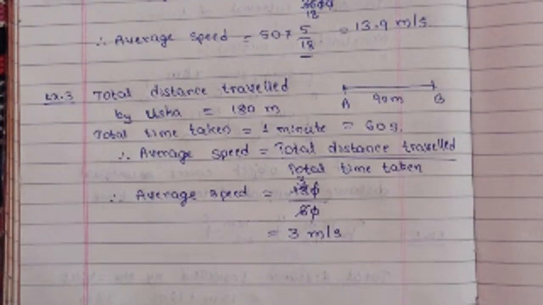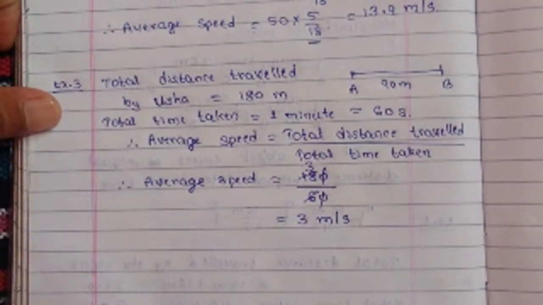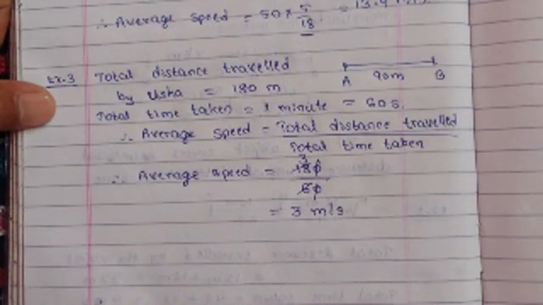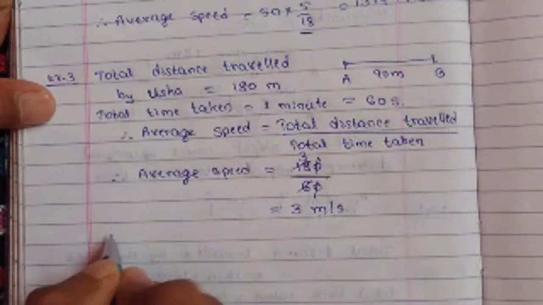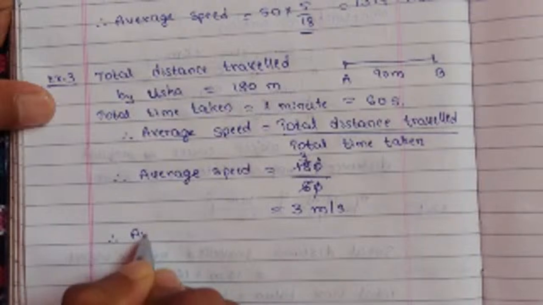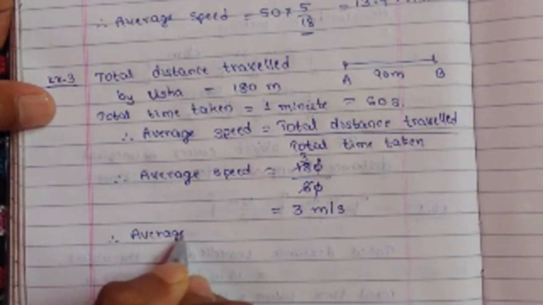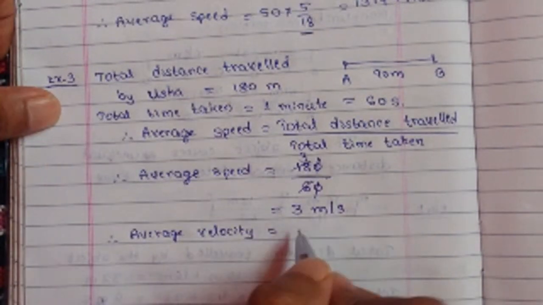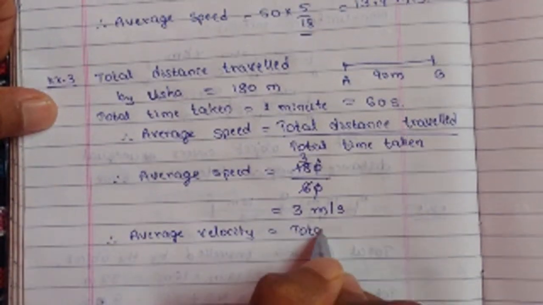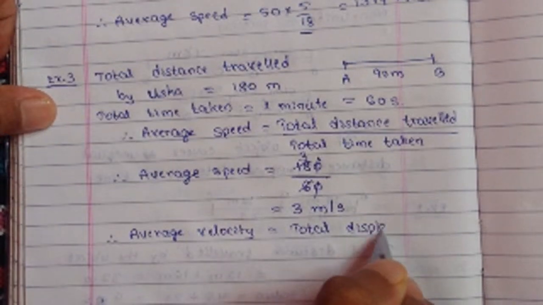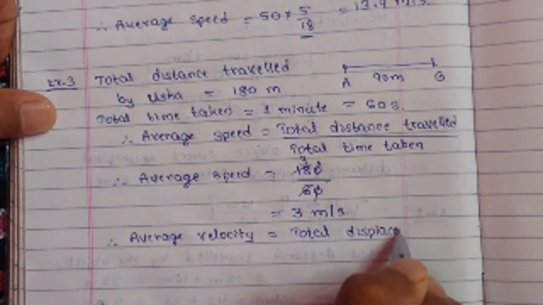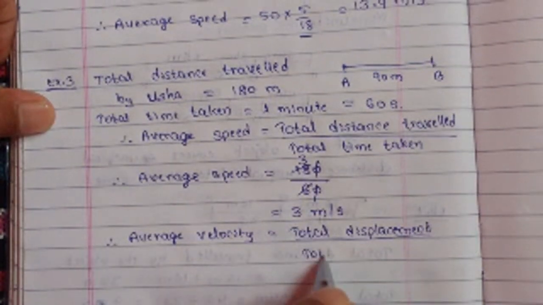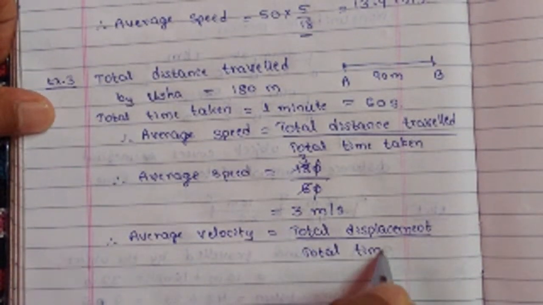The next, average velocity. Therefore, average velocity is equal to total displacement divided by total time taken.